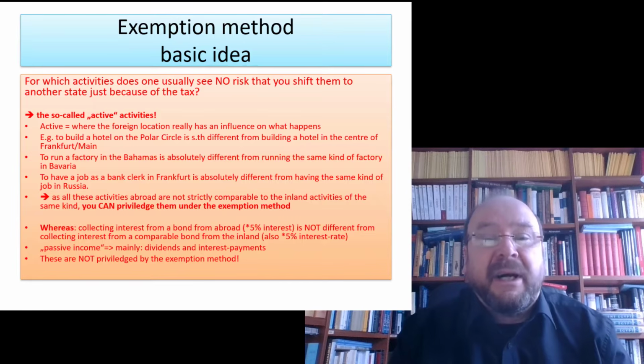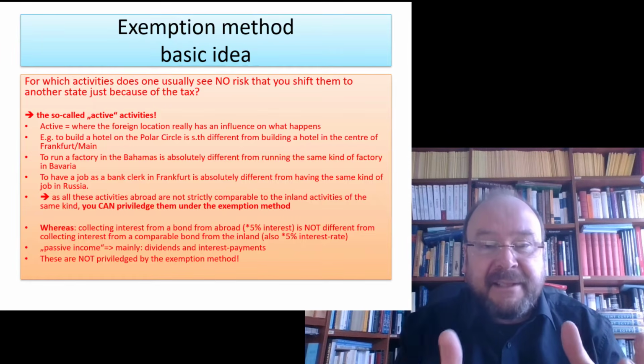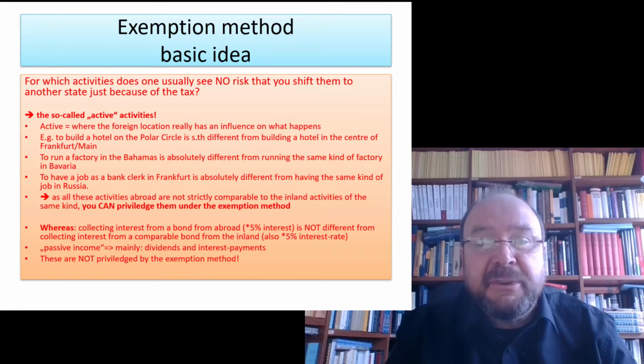So where the whole bundle of circumstances at the location which you choose is relevant, and not only the tax rate, there you can risk to offer the exemption method. So if you have that in mind, the exemption method becomes less risky.